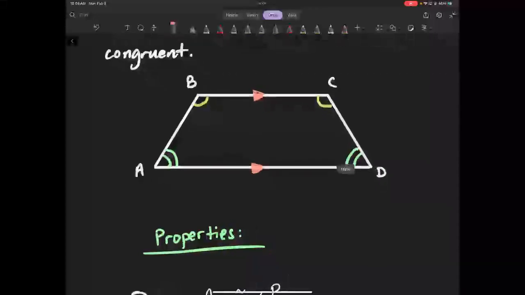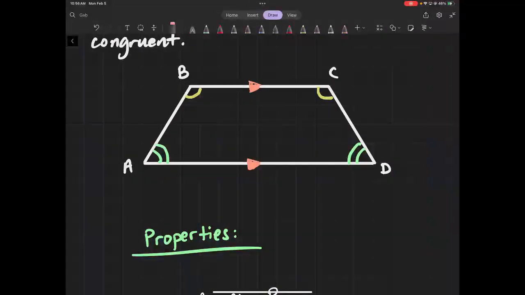I want you to copy this in your notebook. Copy down the trapezoid in your notebook, and then copy down my number 3 that I'm going to show you.